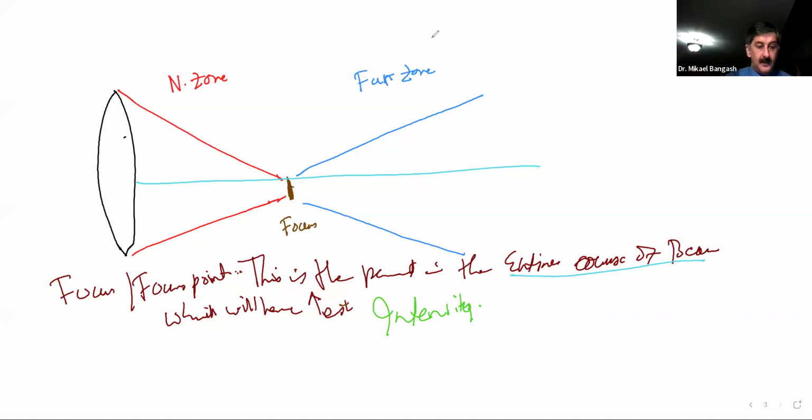If you took the beam here, let's say our PCT had a diameter of 5 centimeters. From here to here it would be 5 centimeters, and the diameter of the beam would also be 5 centimeters.